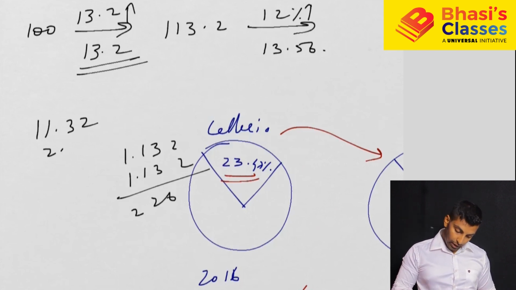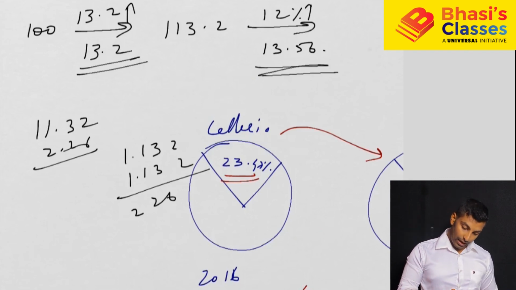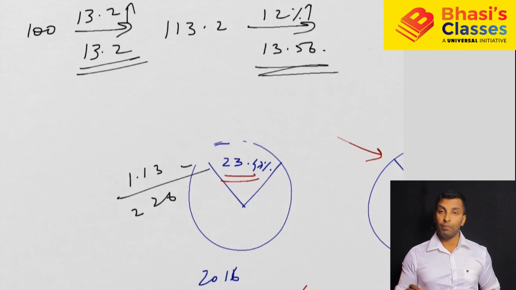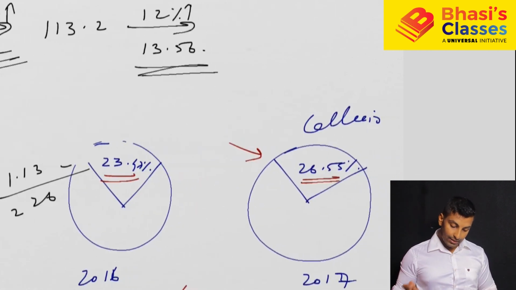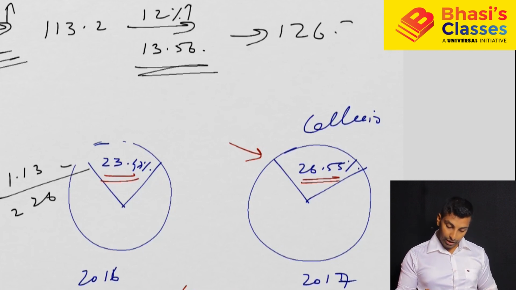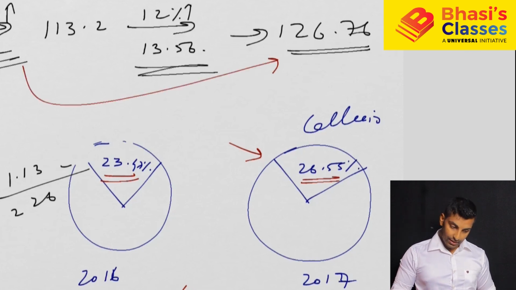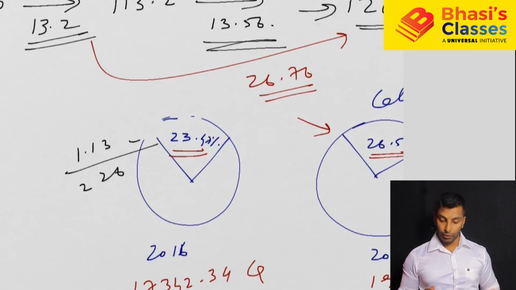If you add 2.26, you get this value. That's how you can calculate 12 percent of 113.2 faster. Now if you add this 13.56, you get 126.76. So what is the percentage change? 26.76. In this case, the answer is 26.76.